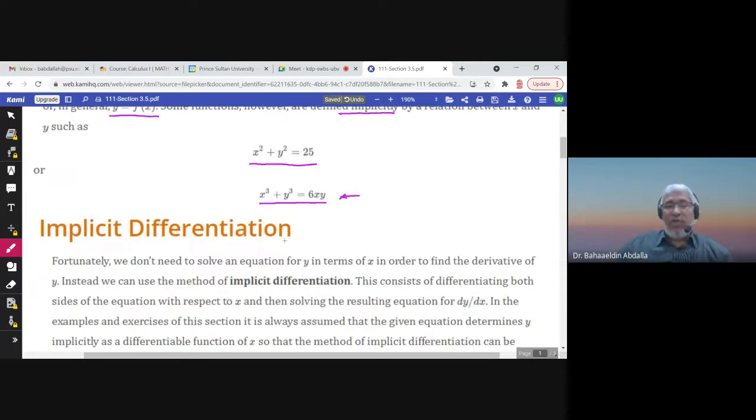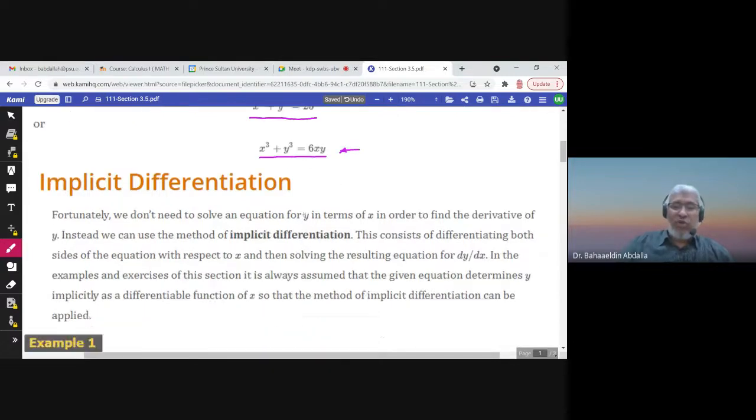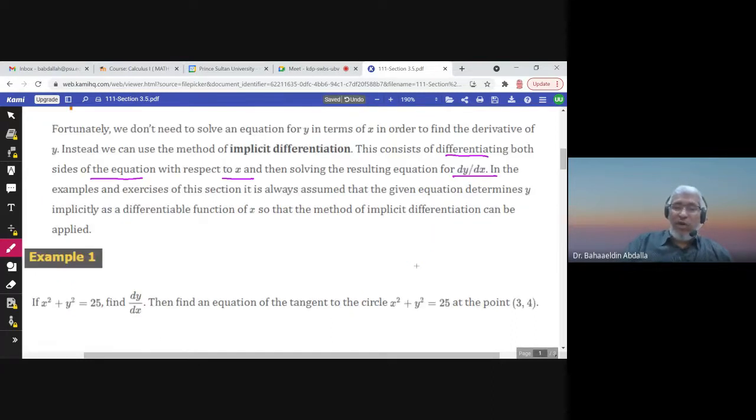So we need to find dy by dx without solving for y, and that's what we call implicit differentiation. We differentiate both sides of the equation with respect to x, and then we solve the resulting equation for dy by dx.